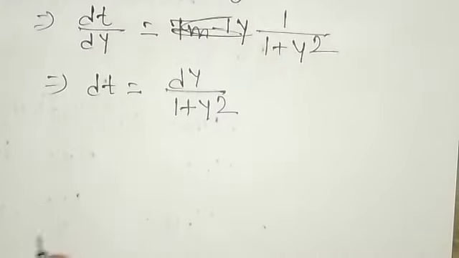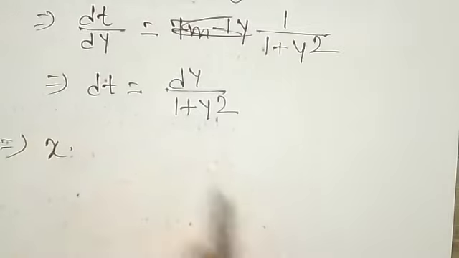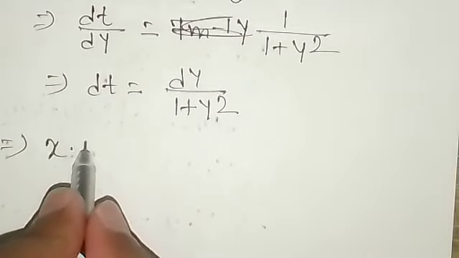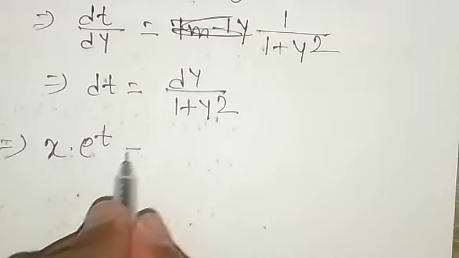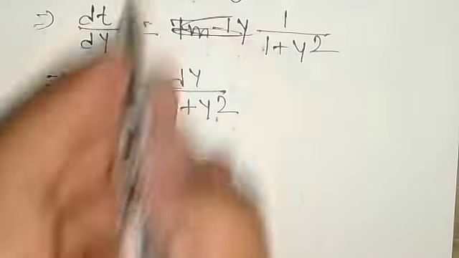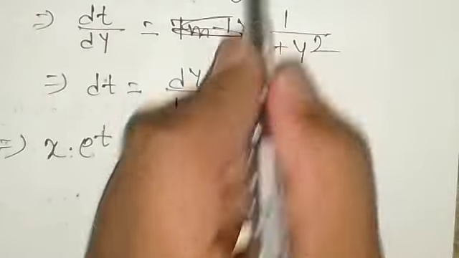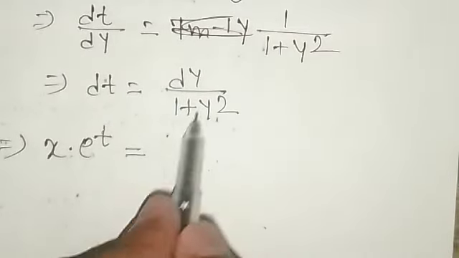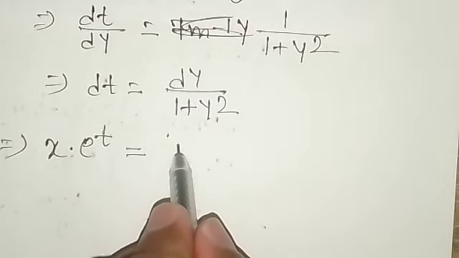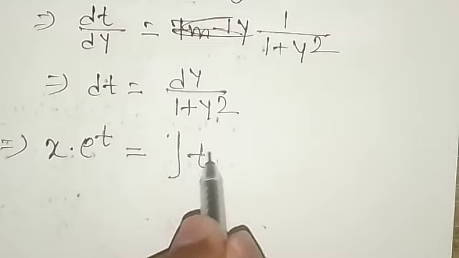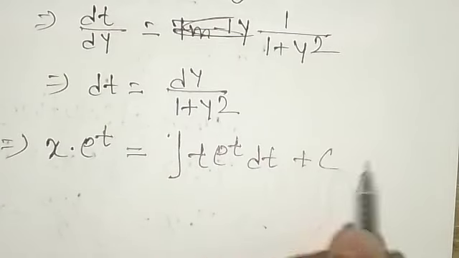So this equation will become x into e to the power of tan inverse y, that is e to the power of t, because tan inverse y is equal to t, is equal to the integration of t into e to the power of t into dt plus c.